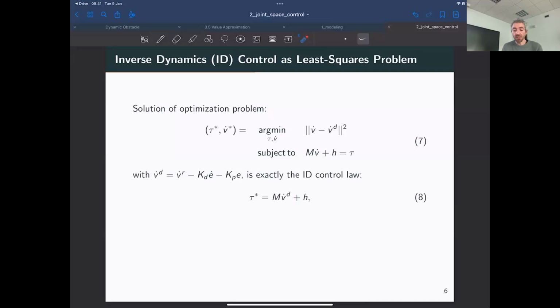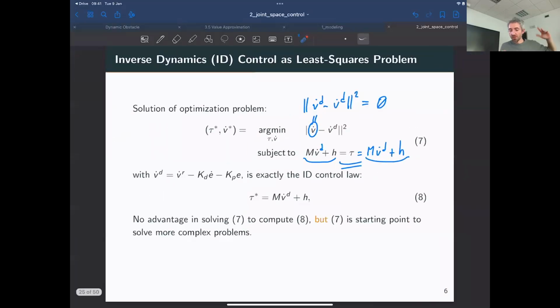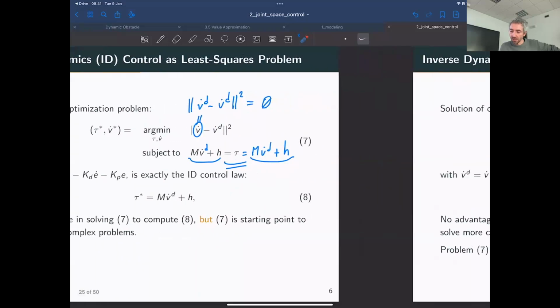And this is exactly the solution that we have seen before as the inverse dynamics controller. So we can see that basically solving this optimization problem is equivalent to using the inverse dynamics controller from a few slides ago. Good. There is no advantage so far, but that's a fact that we can acknowledge.